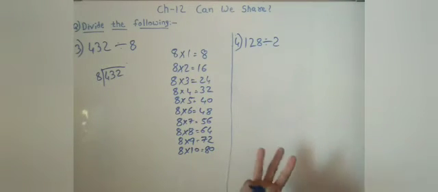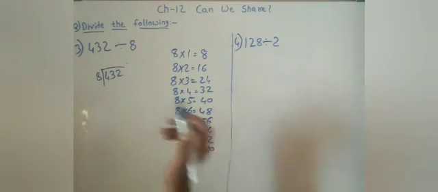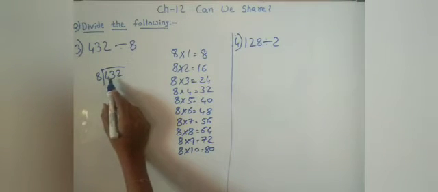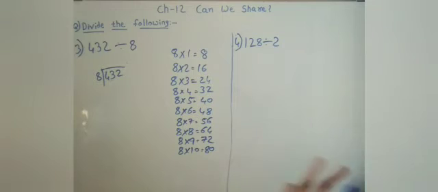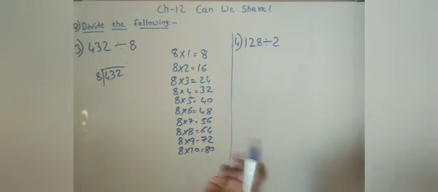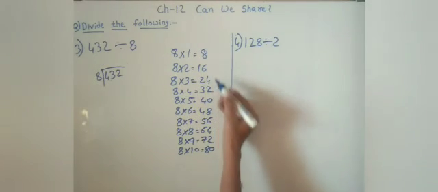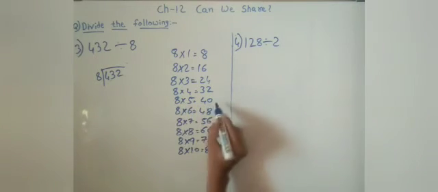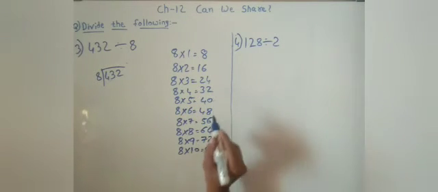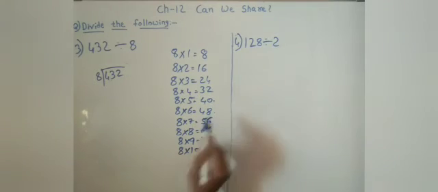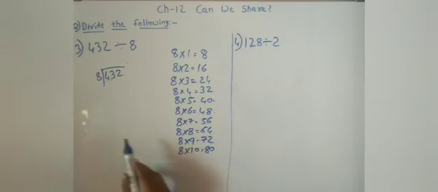So we will check that the number 43 is between which two numbers. It is between 40 and 48.